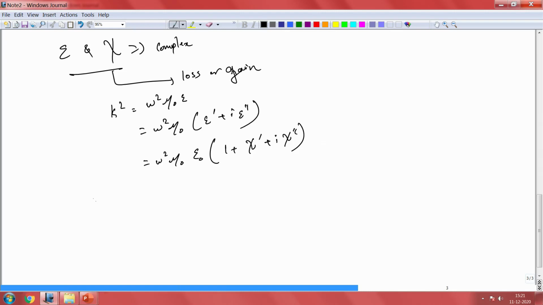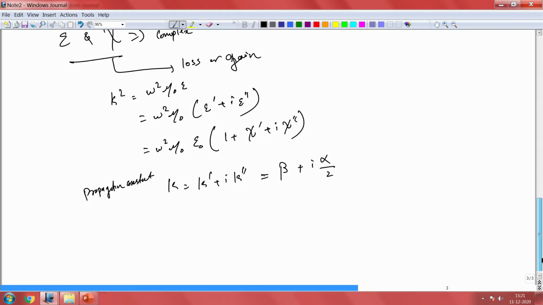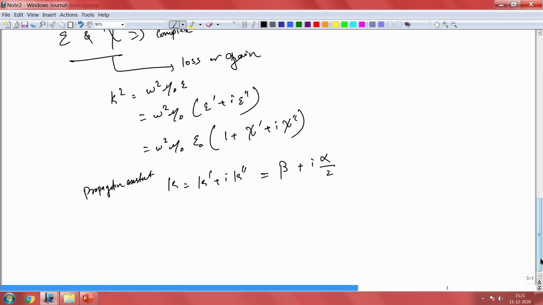Now the propagation constant K will also become complex, and that is given by beta plus i alpha over 2. Beta is our propagation constant, the real part, and alpha over 2 is the absorption part.